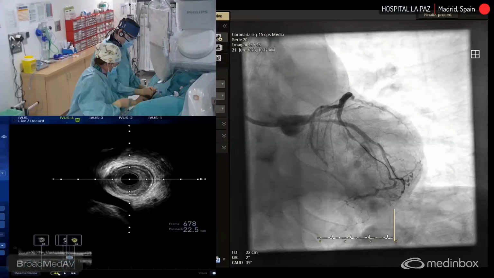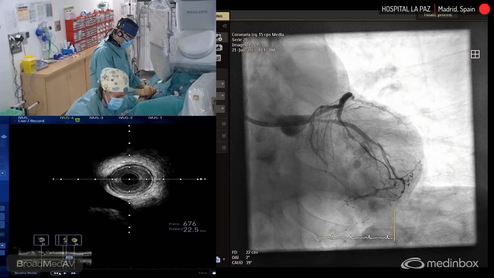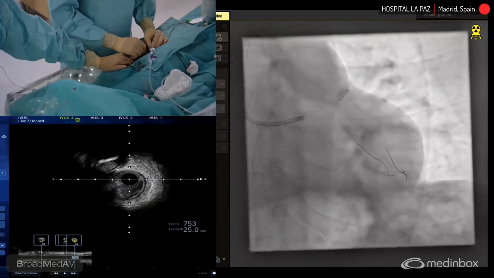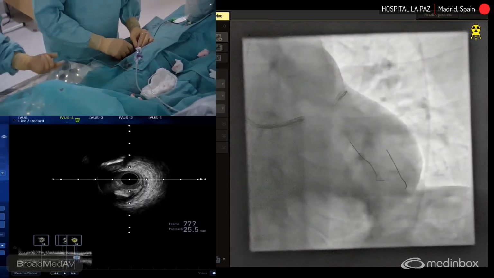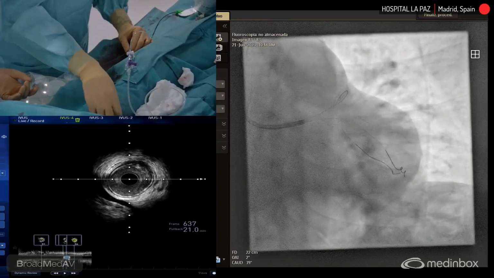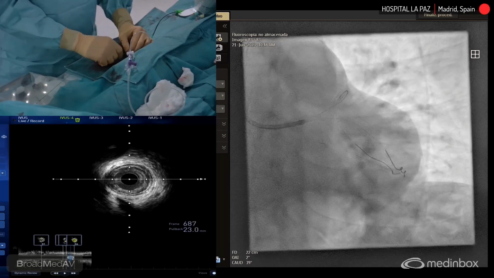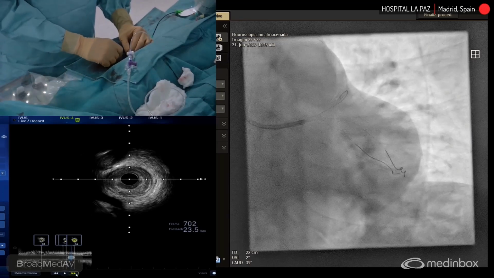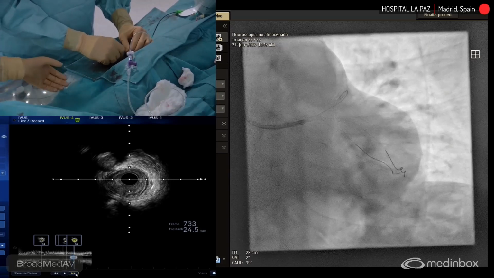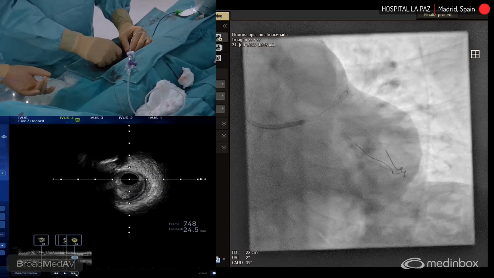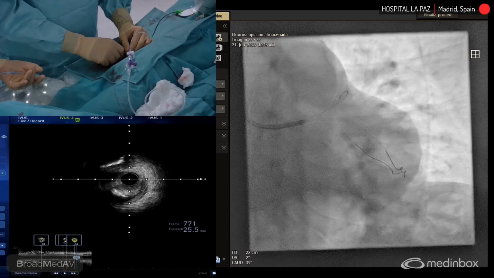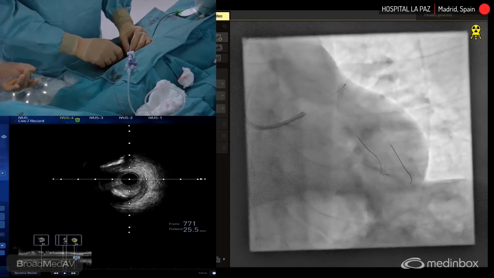My doubt, Borja, is if we have enough space at the ostium to implant a stent without entering in the left main. It's difficult. I think there is plaque all the way down.